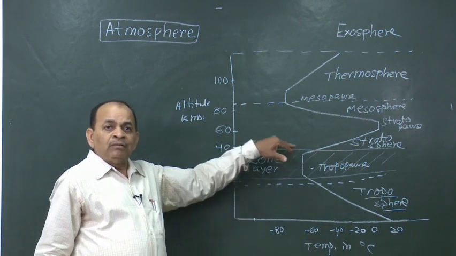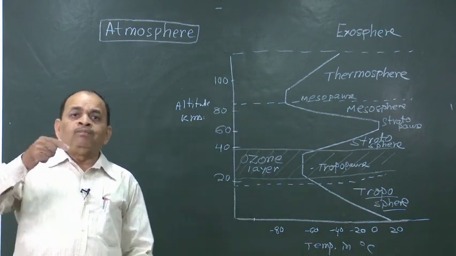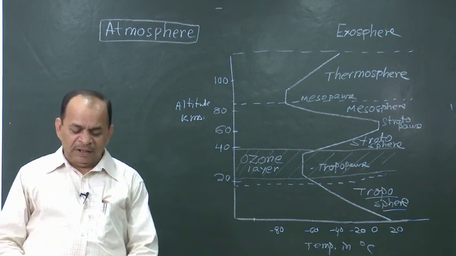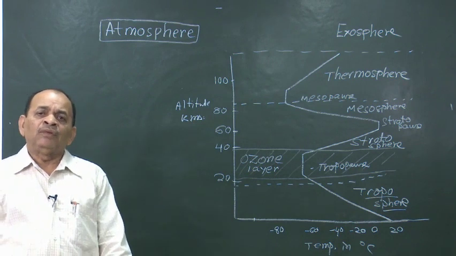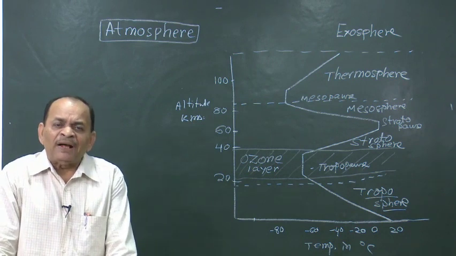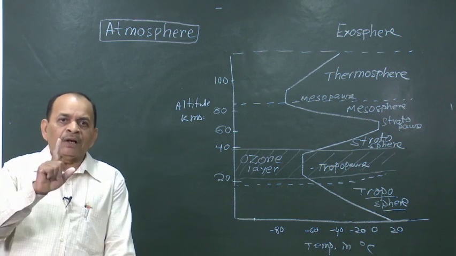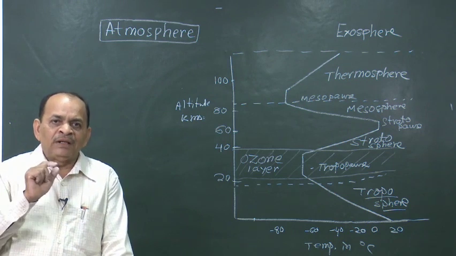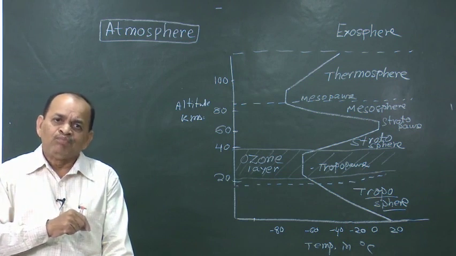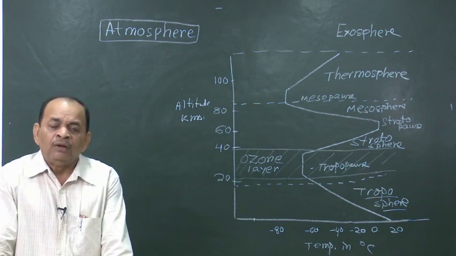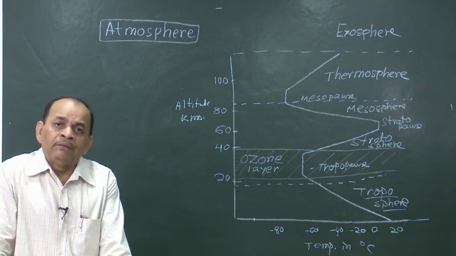When we go higher and higher, the temperature decreases, at about 6.5 degrees centigrade per kilometer. 1 kilometer up, then minus 6.5 degrees. Another 1 kilometer, then again the temperature will be 6.5 degrees less. So the temperature decreases at the rate of 6.5 degrees centigrade per kilometer.